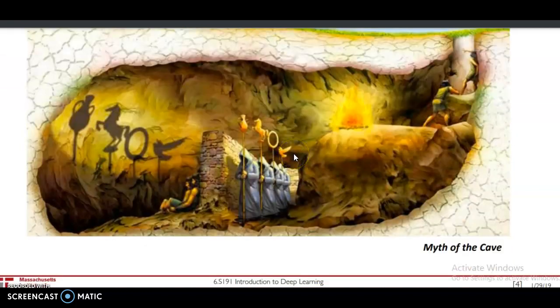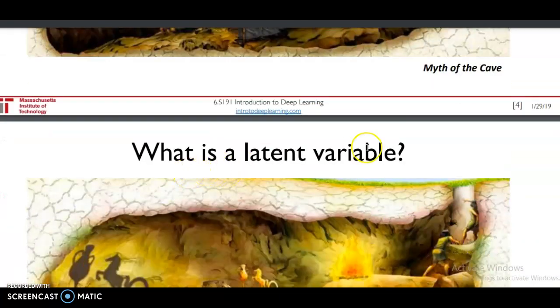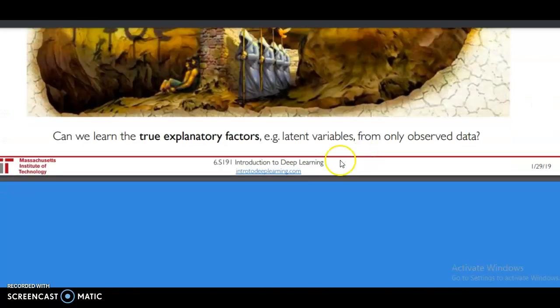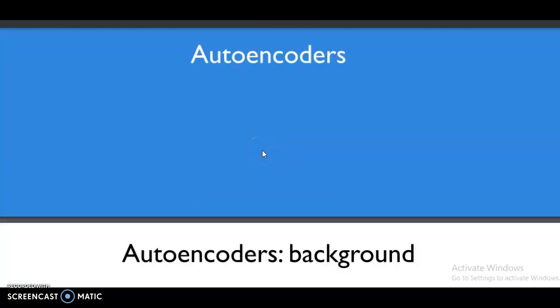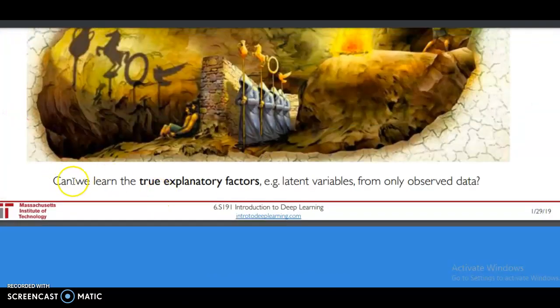What is a latent variable? Can we learn the true explanatory factors, the latent variables, from only observed data? Latent variables only from observed data.